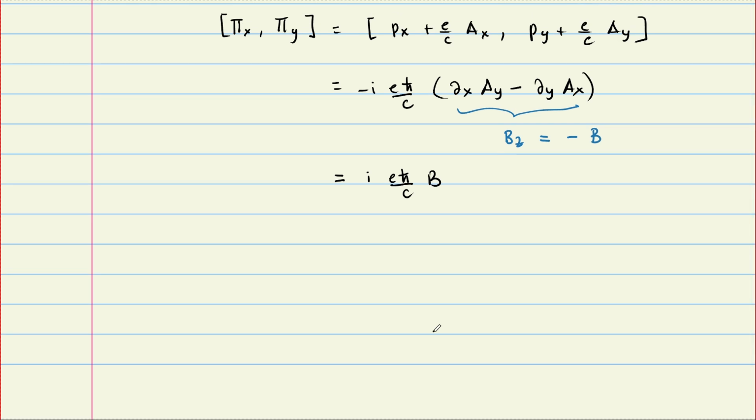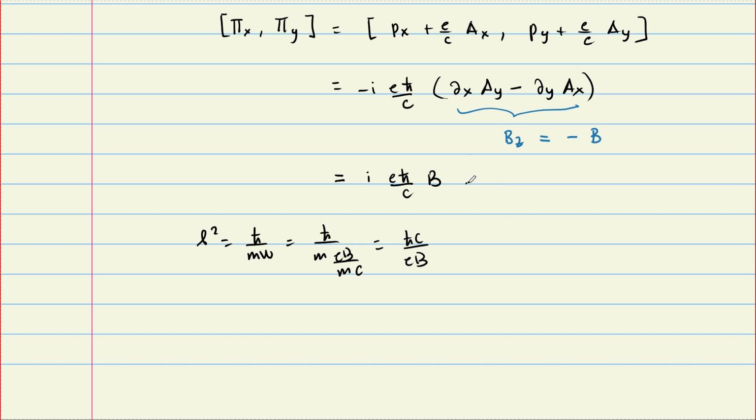Now I want to write this in terms of length scale. If you remember, length scale was ħ over mω, which was equal to ħ over m eB over mc, and this is ħc over eB.